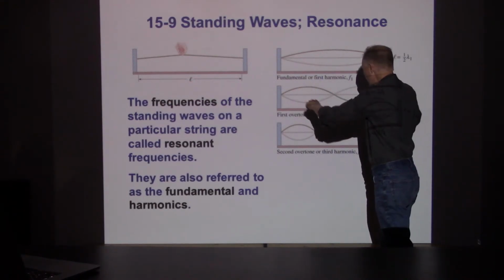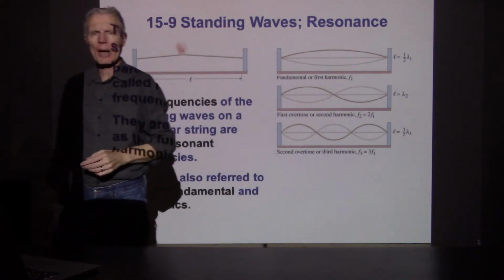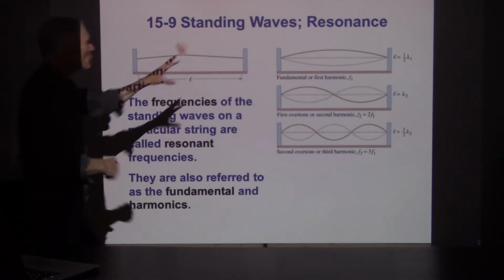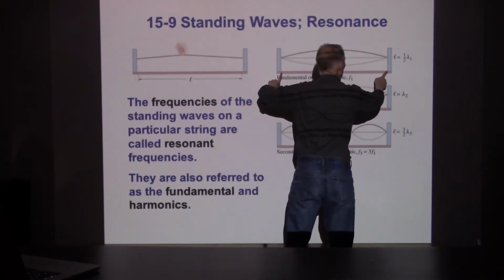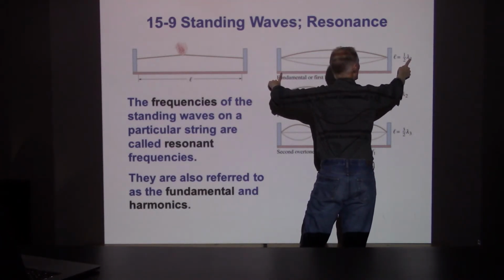Then when these come down, this one's coming up. And you can extrapolate that into what all the harmonics look like. So the wavelength here would need to be 2 full lengths L. And that's what they've got: lambda 1 is equal to 2 times L.